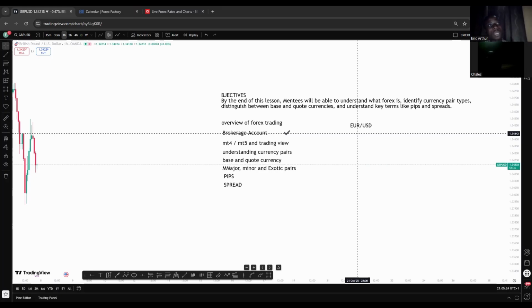They make money from different types of activities. The spread is one. The commission is another. Swap. I don't know if you've heard swap before. Have you heard of swap before? No. The swap is an overnight fee.